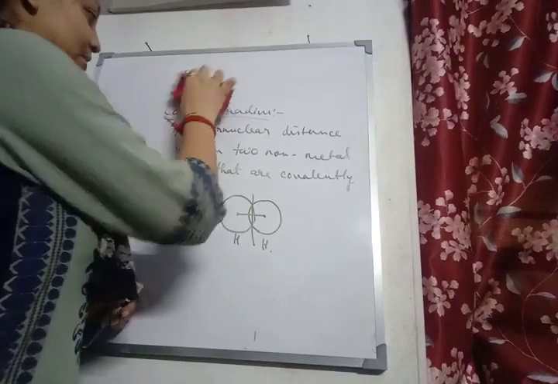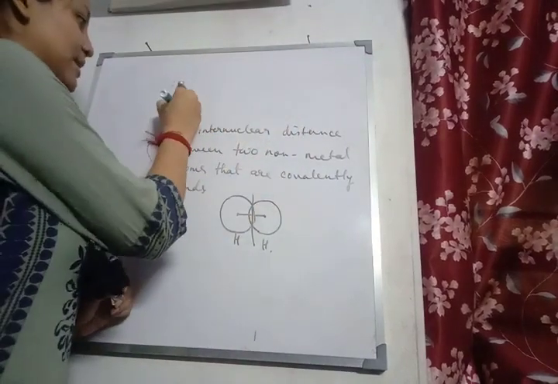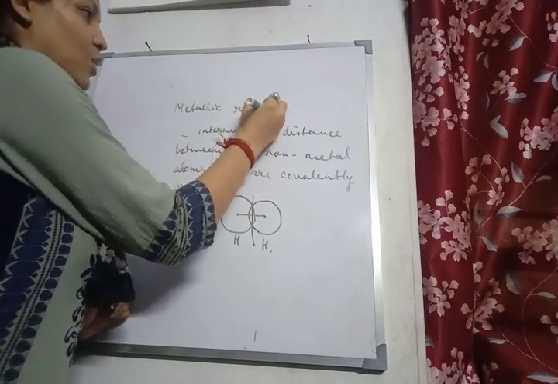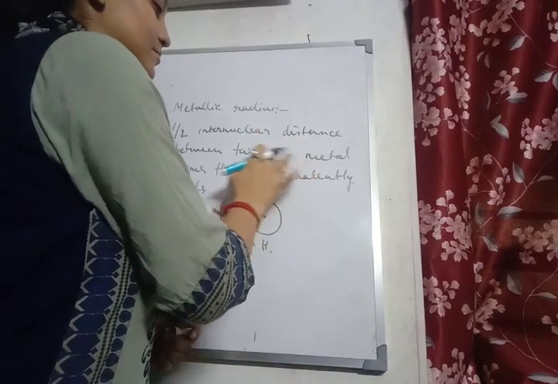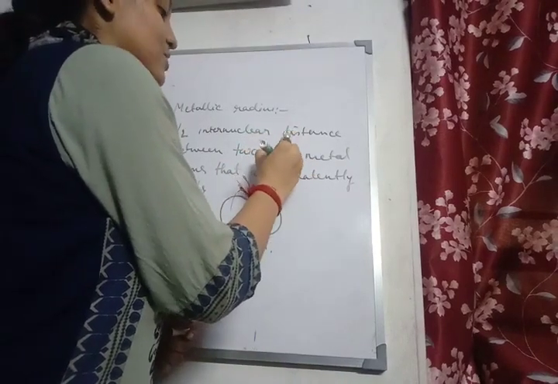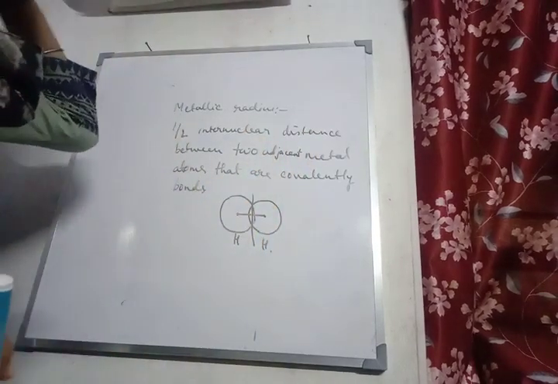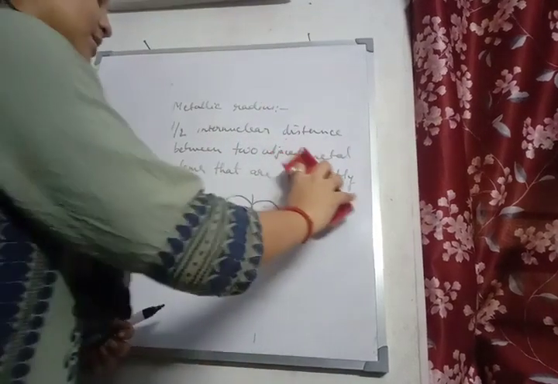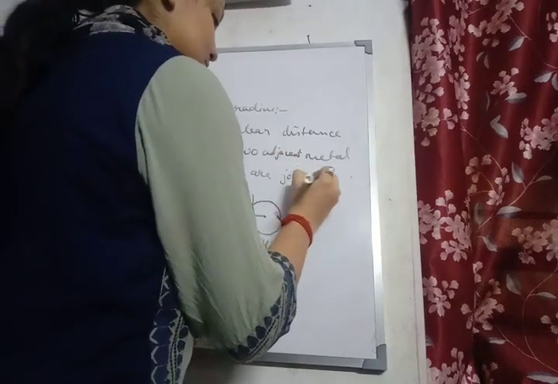Next, we have metallic radius. As covalent radius applied to non-metal atoms, this is basically for metal atoms. It is half the internuclear distance between two adjacent metal atoms. Between two adjacent metal atoms means the ones which are closer, that are joined by metallic bonds.